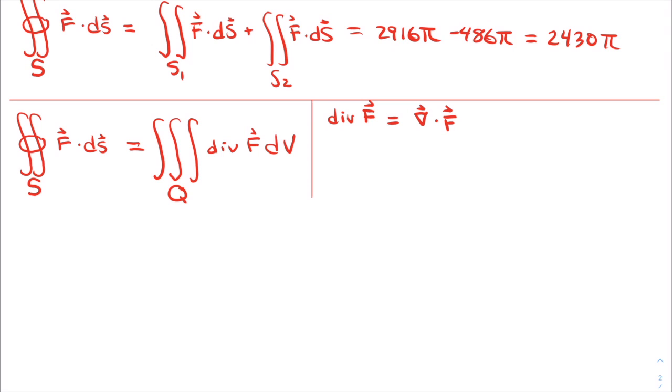And just as a reminder, del is just a partial derivative operator vector.